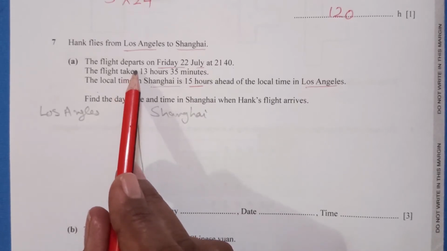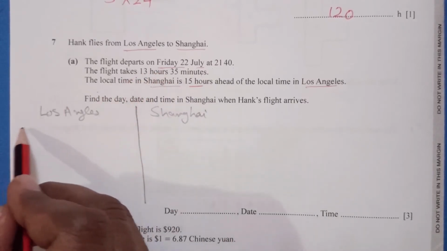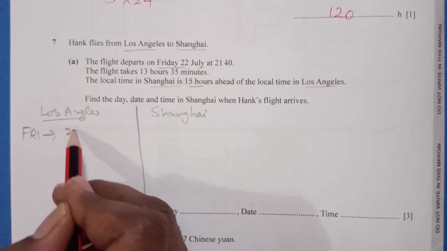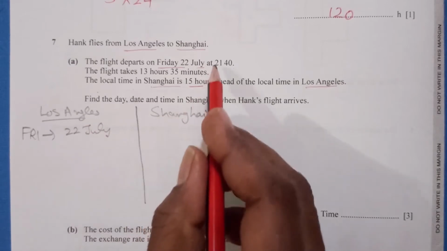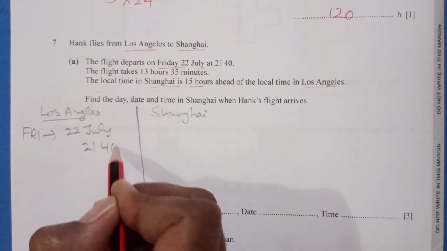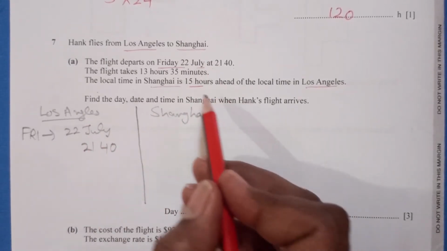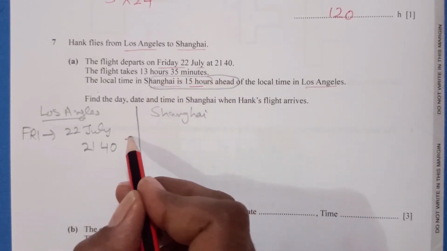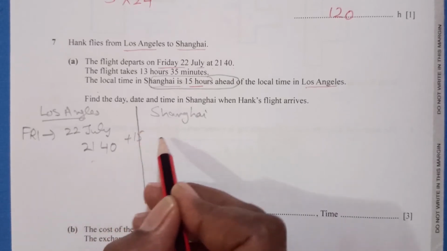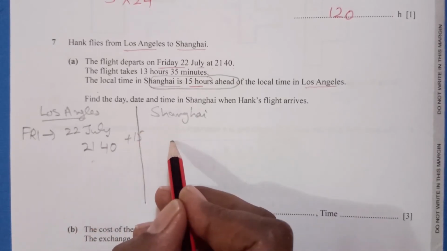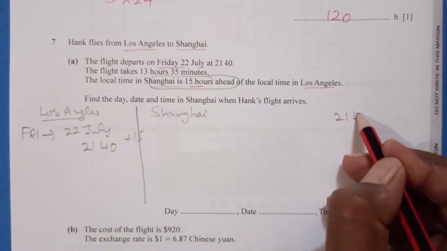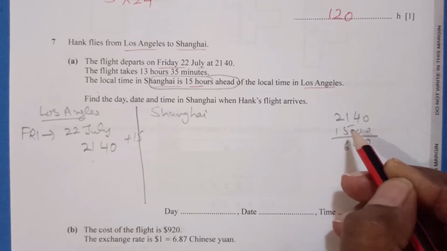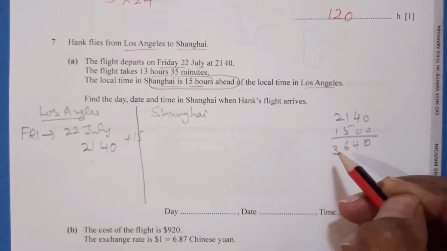So he said the flight departs on Friday, so we are talking for Friday. It starts, which is 22nd of July, at 21:40, right? And now we have that Shanghai is 15 hours ahead. So that means if we add 15 hours to this, that will be the time in Shanghai at that time. So 21:40 plus 15 will be 36:40.